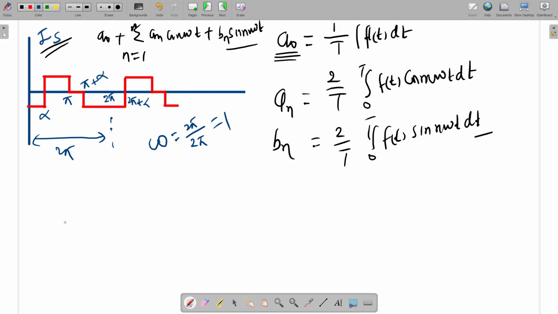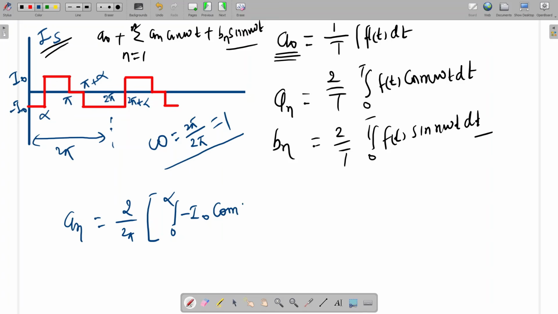An is equal to 2 upon 2 pi. This amplitude I am taking as I naught and this as minus I naught. So it will be 0 to alpha. What is this f(t) value here? Minus I naught. Omega value already we got as 1.